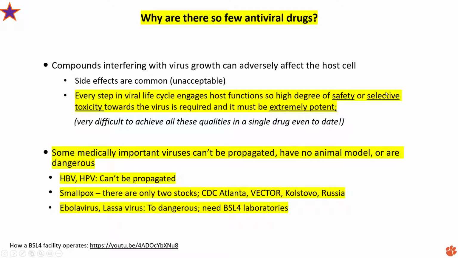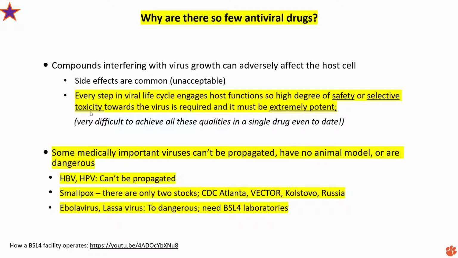That is the main problem: achieving selective toxicity, where the virus will preferentially be killed by some process without harming the cell, is the most difficult part, because most viruses use the cellular machinery.